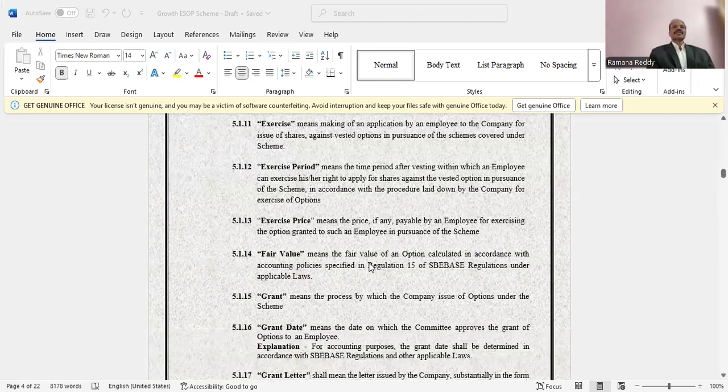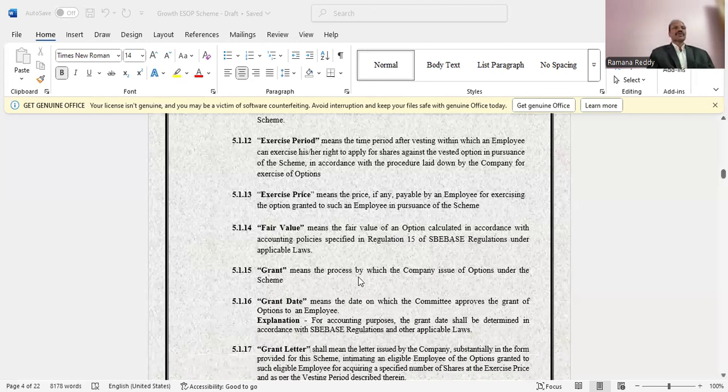Exercise price, this is a predetermined price. This will be decided by the NRC at the time of grant. In the grant letter only, we have to clearly mention the exercise price also. Fair value, the definition of fair value. Fair value means fair value of an option calculated in accordance with the accounting policies specified in Regulation 15 of the share-based employee benefit and sweat equity regulations under the applicable law.